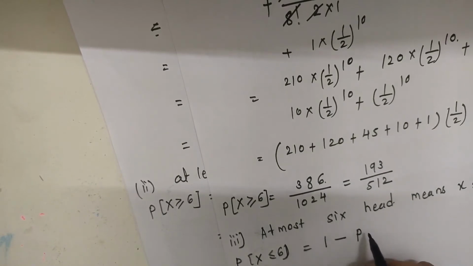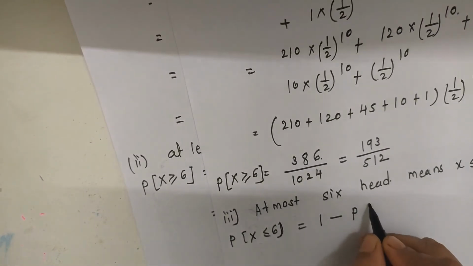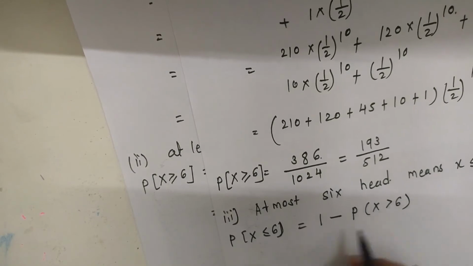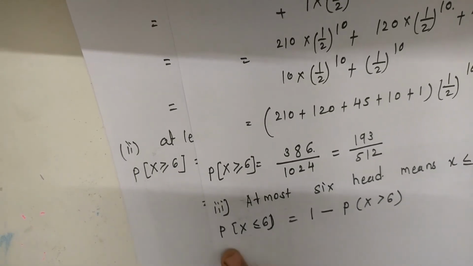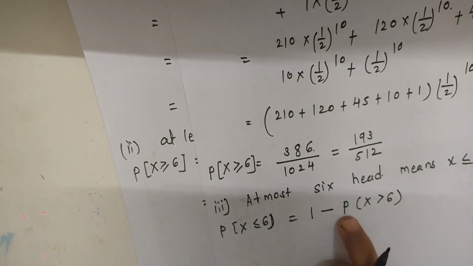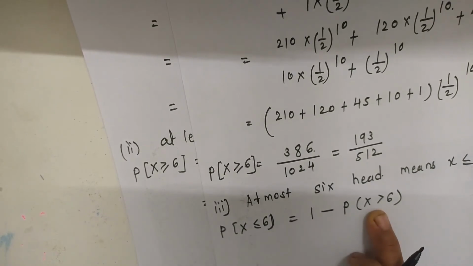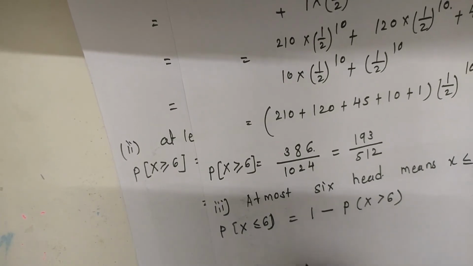1 minus probability of x greater than 6. This type of inequality can be written as 1 minus probability of x strictly greater than 6.